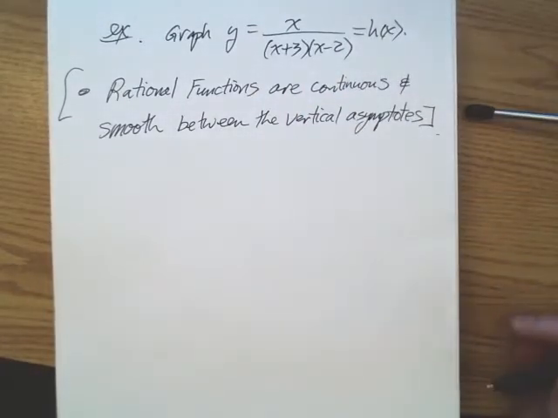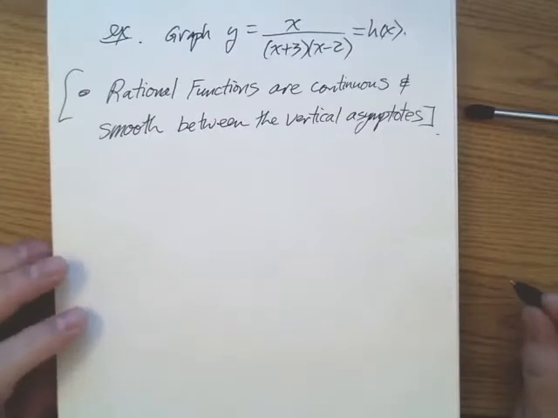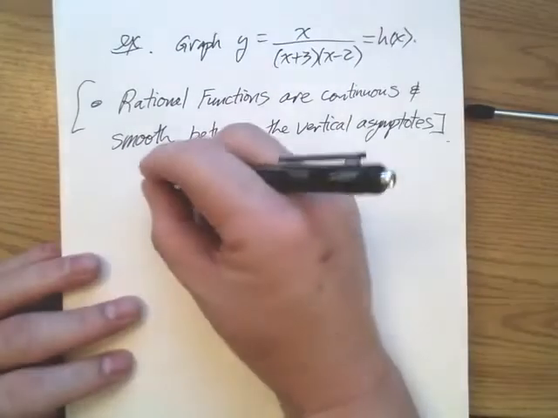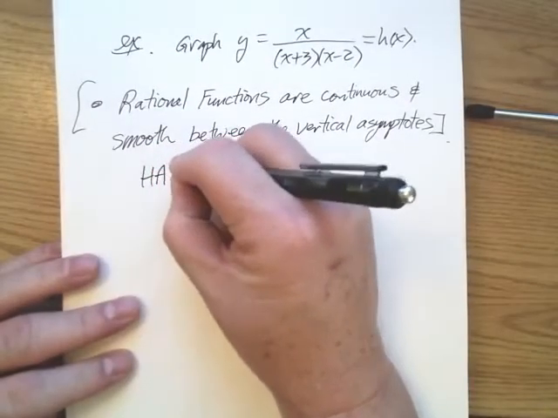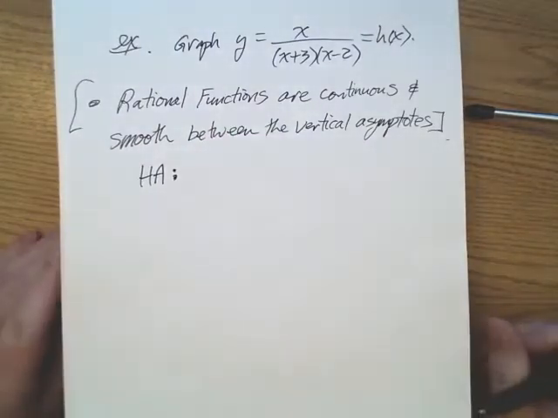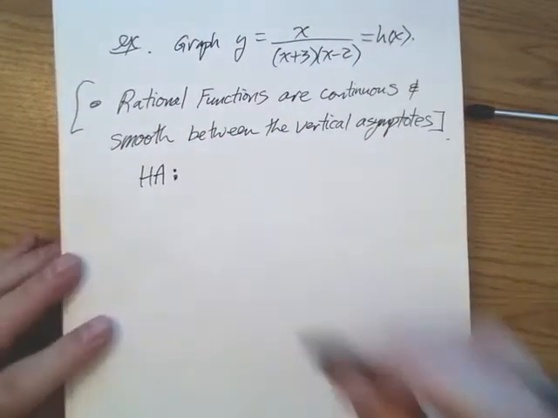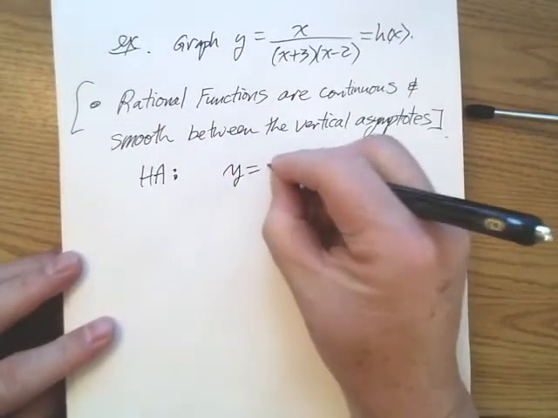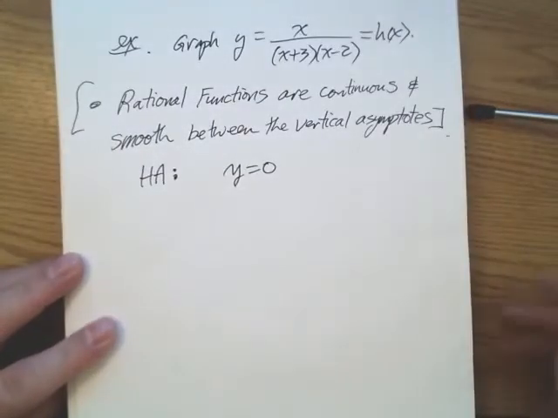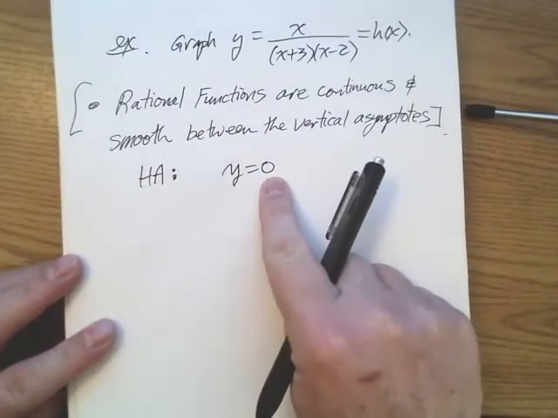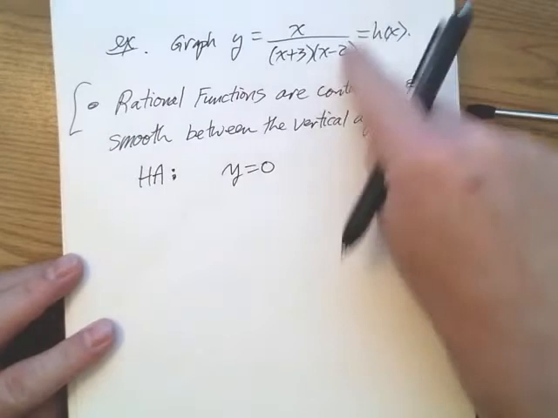Okay, now let's go ahead and talk about some things here. First of all, I'm going to write HA, that's the horizontal asymptote. This will have a horizontal asymptote, which is y equals 0. What I want you to imagine, in general, is y equals q of x, whatever this quotient would be.